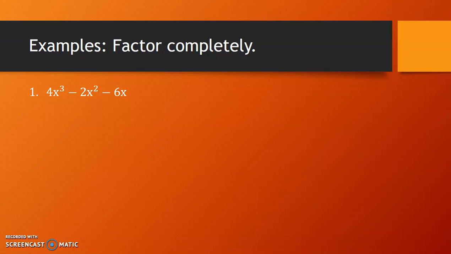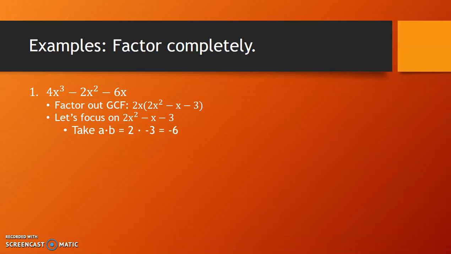Okay, so let's take a look at this one. So the first thing I'm going to do actually is pull out a 2x, and so when I do that I have 2x squared minus x minus 3. Then I focus on the piece on the inside of the parentheses. So this is not one of those special products where it's like the difference of two squares or a perfect cube or anything like that. So we're going to have to do our a times c process.